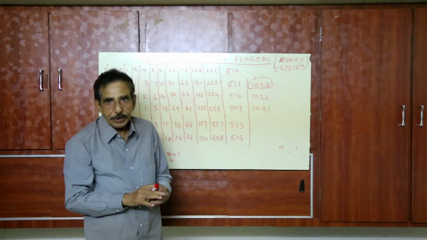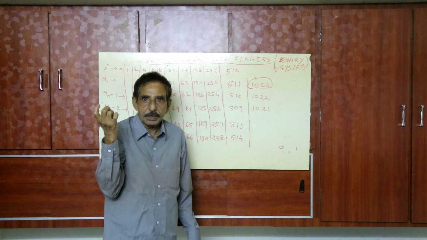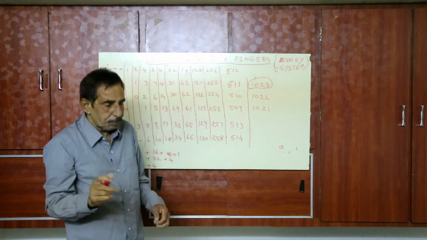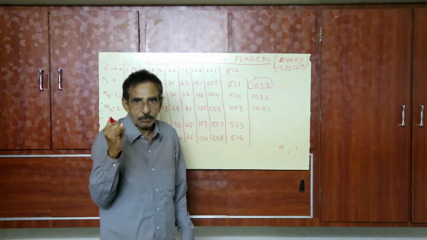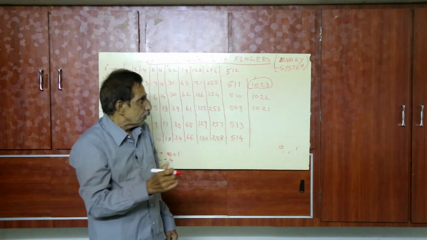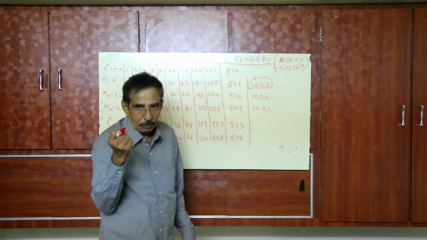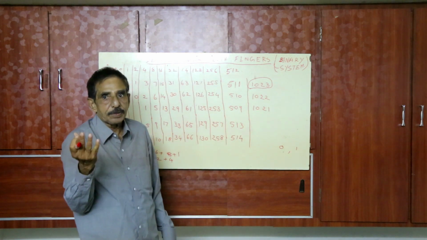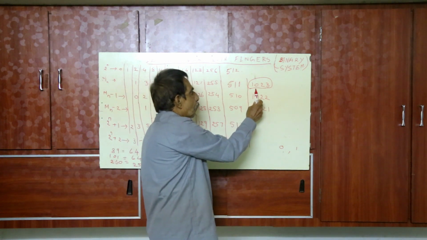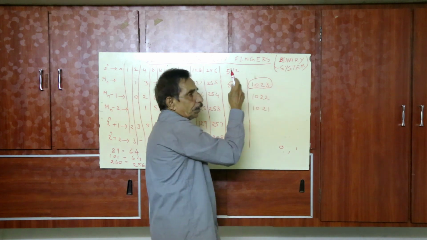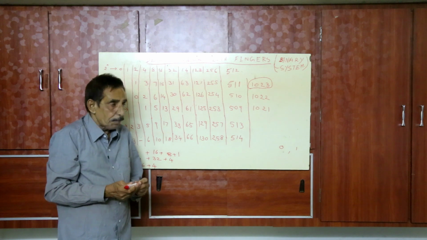If we fold a finger, that is to be taken as 0, and if we open a finger, that is to be taken as 1. Using this 0 and 1, that means folding fingers and opened fingers, we can represent up to 1023 using our 10 fingers.